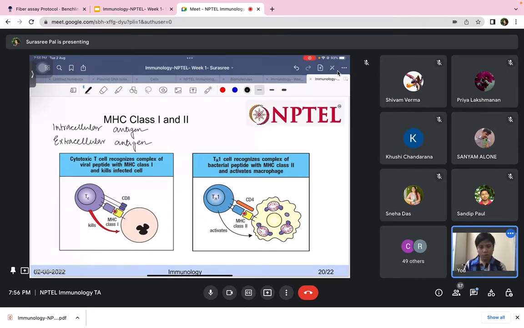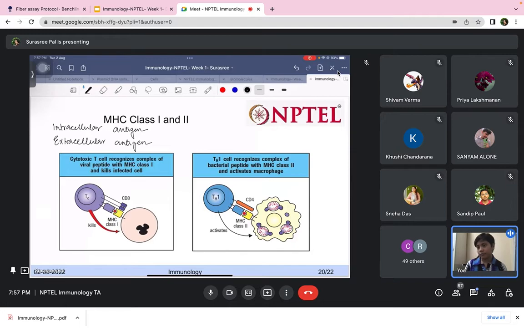So what do I mean by intracellular and extracellular antigen? Suppose there is a virus, right? Virus, as you all know, currently also we are going through this pandemic of COVID virus, right? Coronavirus. So virus is one crucial pathogen, a very deadly pathogen also.